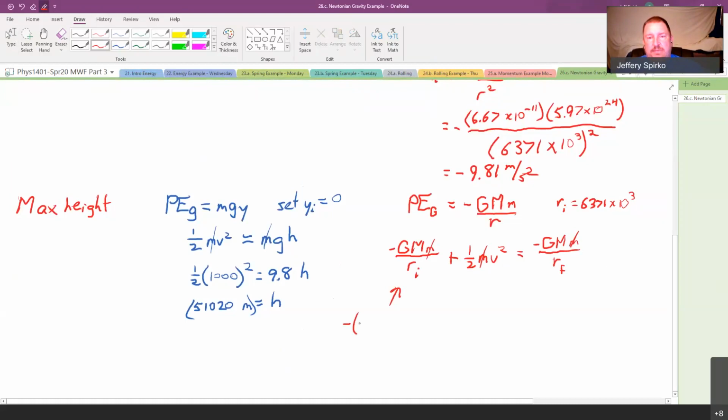So this is minus 6.67 times 10 to the minus 11th and 5.97 times 10 to the 24th, all over 6371 times 10 to the third, not squared.